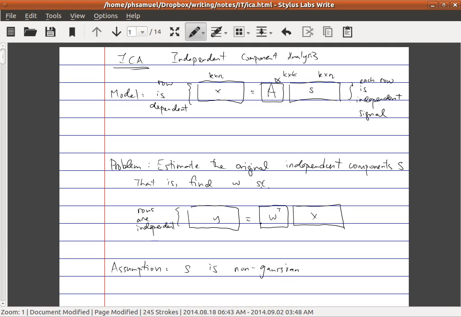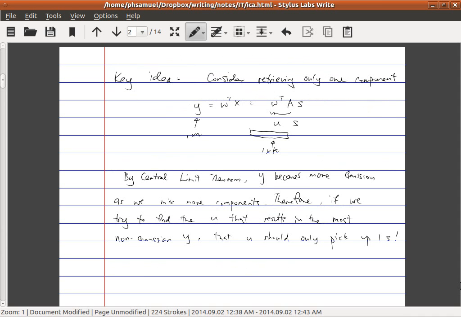In other words, we want to find W, or W transpose, such that y equal to W transpose multiplied by X will be an approximate of S, or more precisely, each of these rows here will be an independent component out of S. As you will see later on, a key assumption for ICA to work is that S has to be non-Gaussian, or I should say each of these independent components is supposed to be drawn from a non-Gaussian distribution. Did I say Gaussian? It should be non-Gaussian.